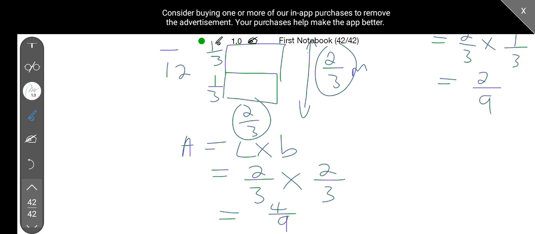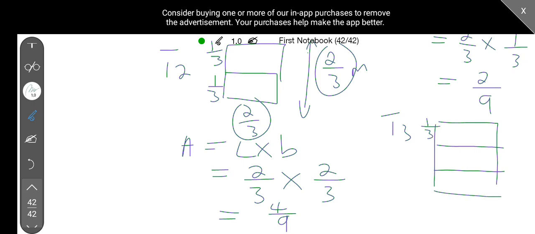And then let's go to the third step, T3. On T3, we're going to have 3 grouped together. This will be 1 over 3, 1 over 3, and 1 over 3, and the base is still 2 over 3.